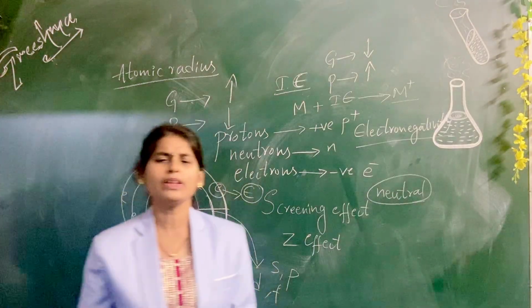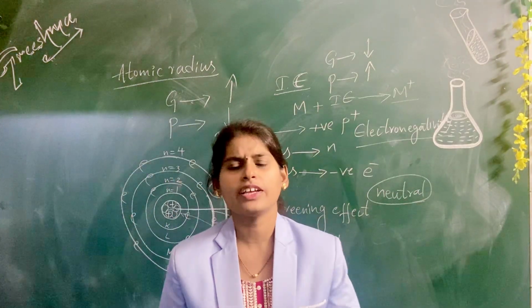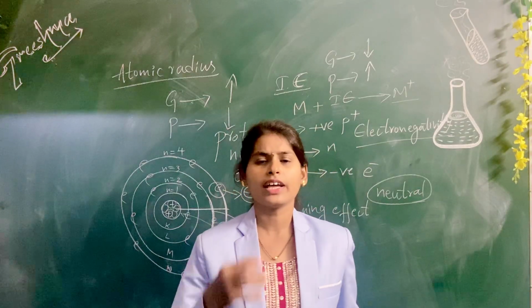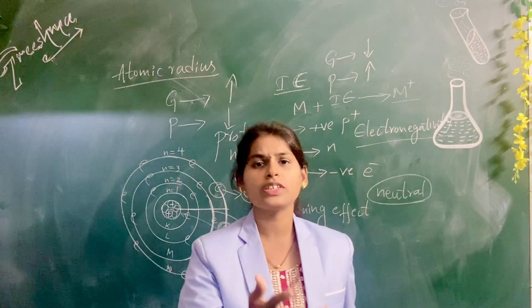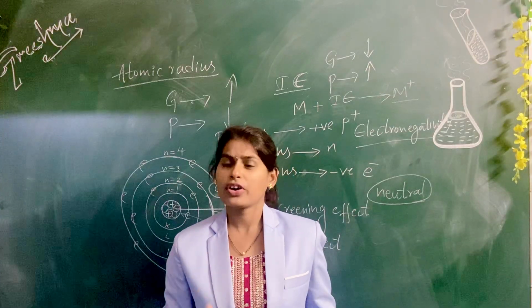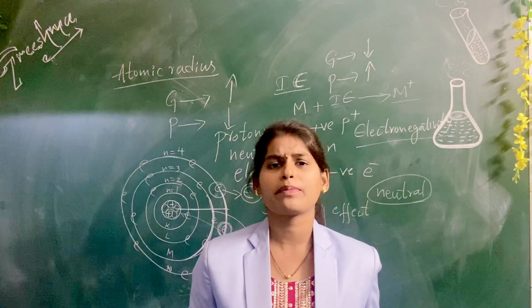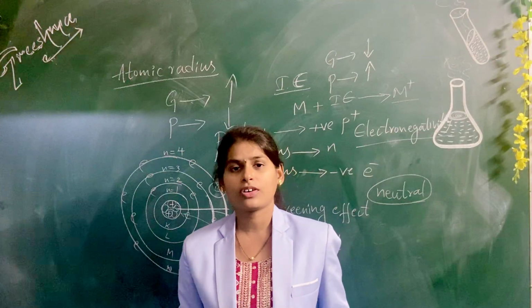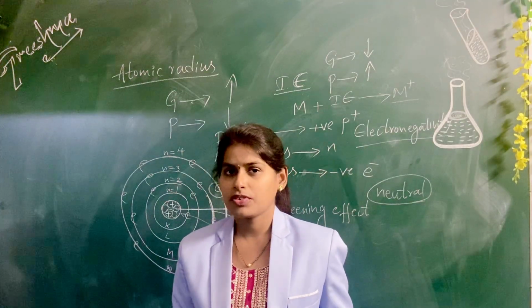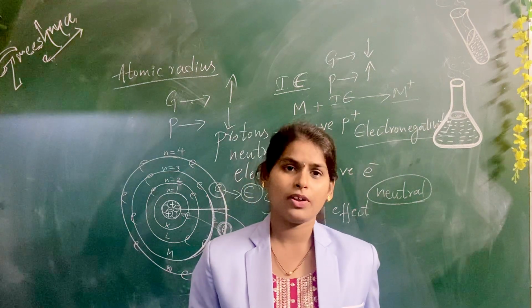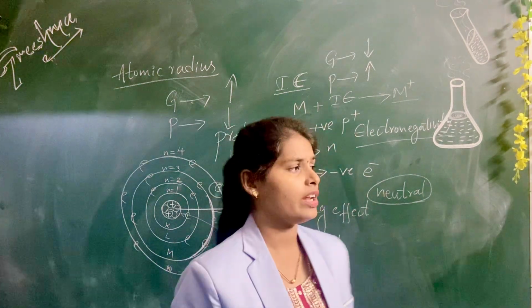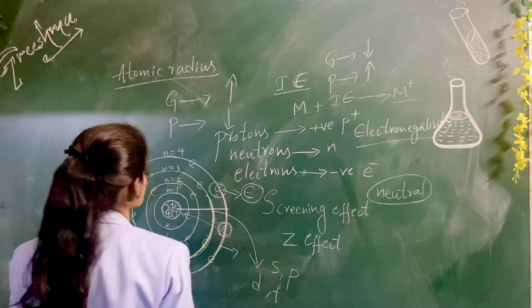Electronegativity. What do you mean by electronegativity? Electronegativity is nothing but the tendency of an atom to attract the shared electrons towards itself. An atom or an element which has the maximum capacity of attracting electrons towards itself is called electronegativity. Among the elements in the periodic table, the most electronegative element is fluorine.